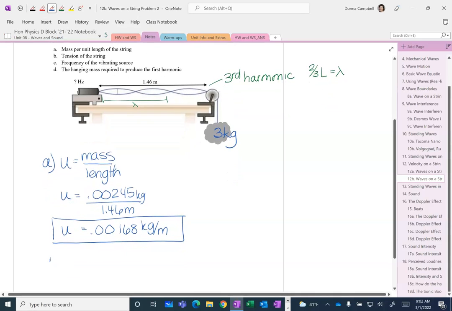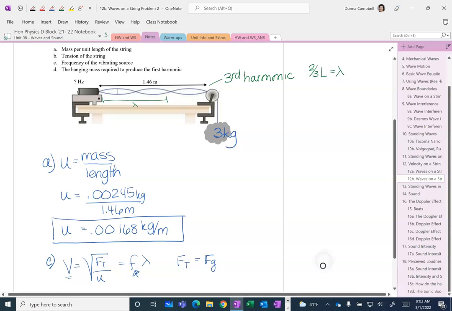The tension in the string. Well, we have two equations to calculate that. We could say velocity is equal to the square root of the force of tension over u. We don't know the velocity. We also know the velocity is frequency times lambda, but we don't have the frequency. We also know that the force of tension is equal to the force of gravity on that rock, whatever that hanging mass is.